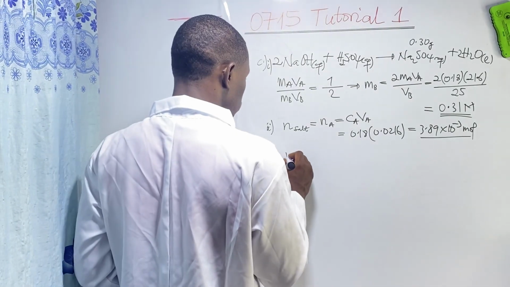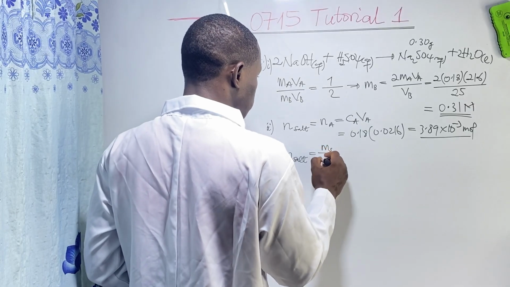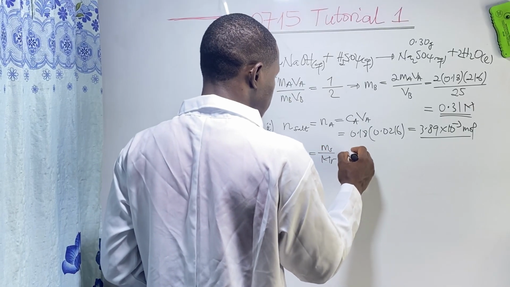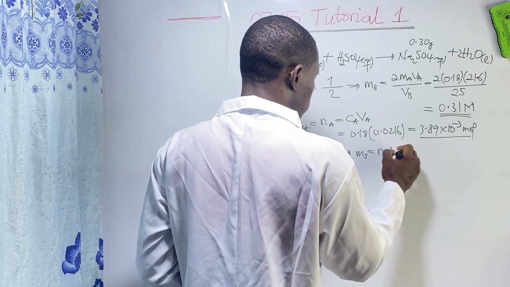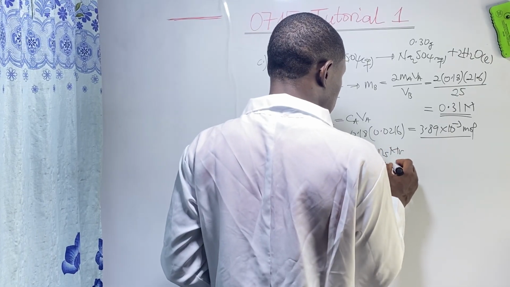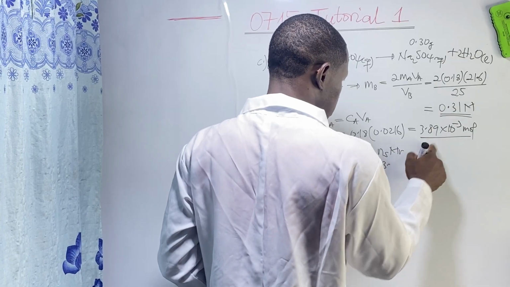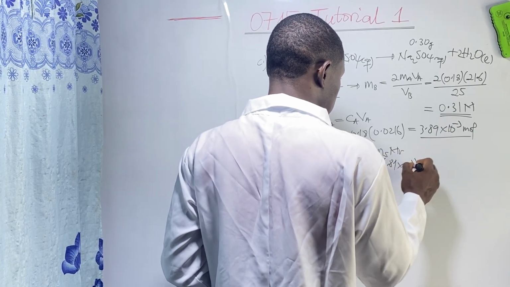Now what do we know? Number of moles of salt is equal to mass of salt all over molar mass. So the mass of the salt is the number of moles of the salt times its molar mass. Number of moles of salt is 3.89 times 10 to the minus 3.